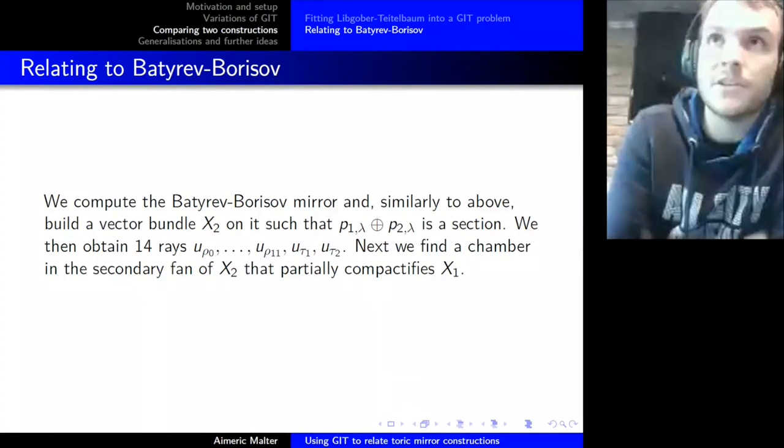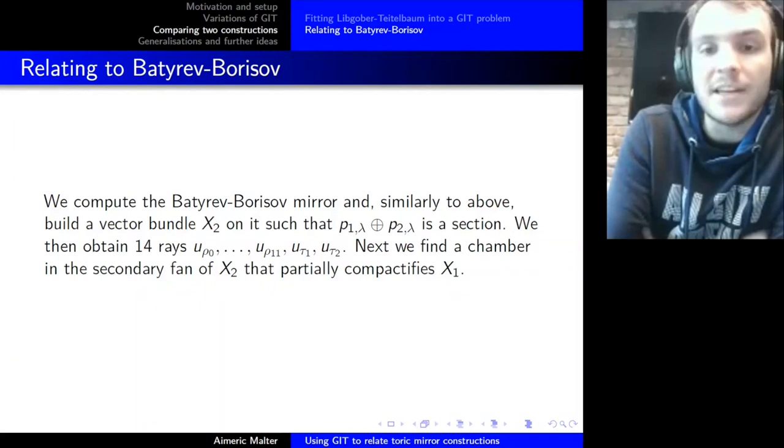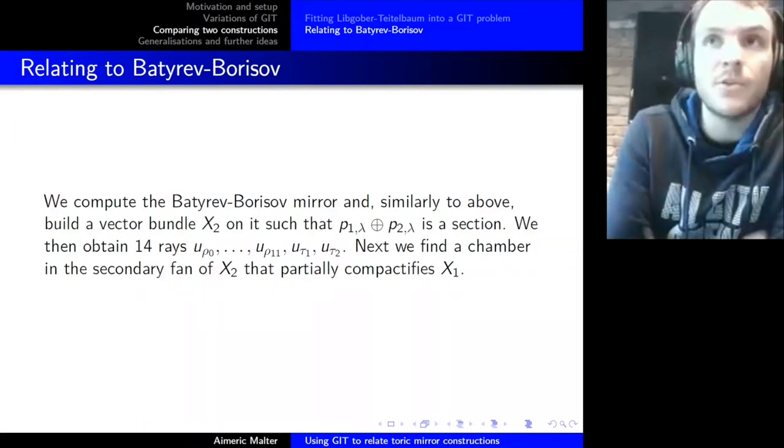Because if we think back about the picture, we have the small green, the small red triangle, and we want a chamber such that the small red triangle really lives in a smaller space that is partially compactified. The small green triangle is what Batyrev-Borisov is.